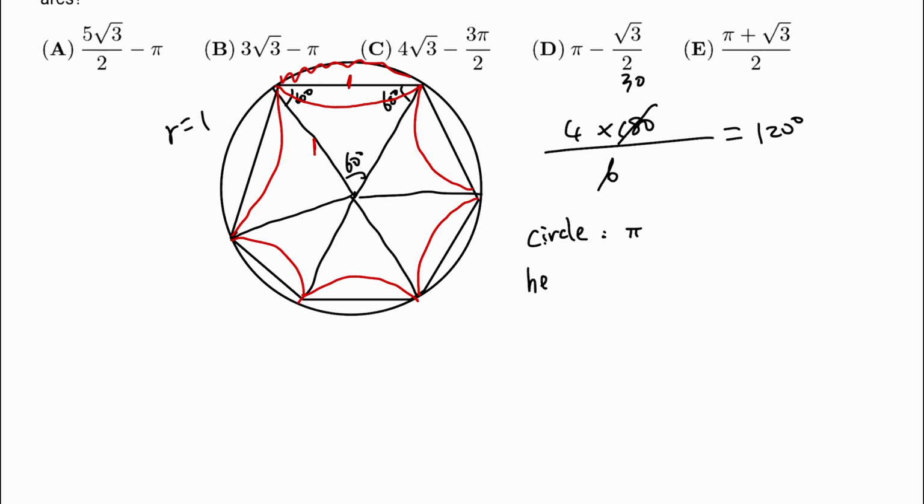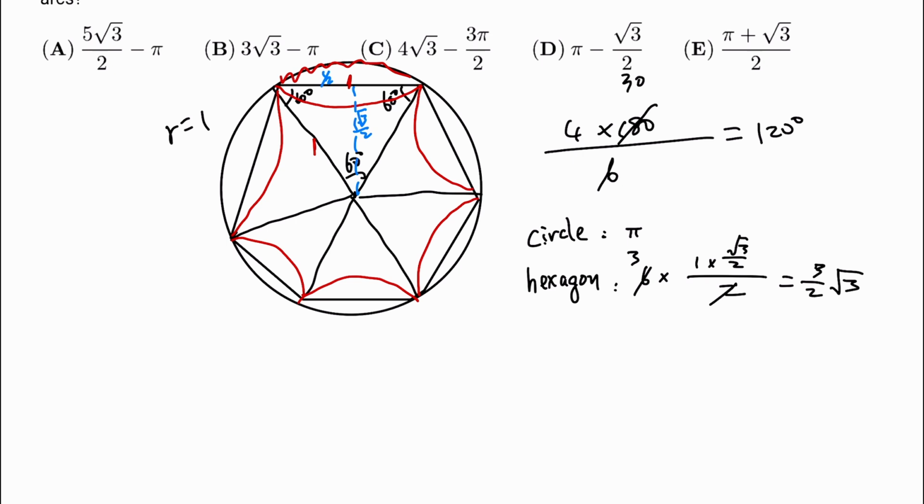And the area of a hexagon is just 6 of the equilateral triangles, and the height of each is root 3 over 2, which means that this area is 6 times 1 times root 3 over 2 divided by 2. That's base times height over 2. That is equal to 3 over 2 square root of 3.